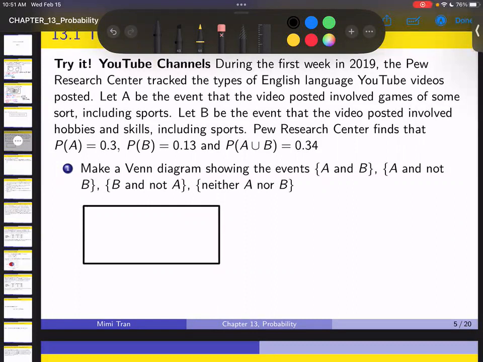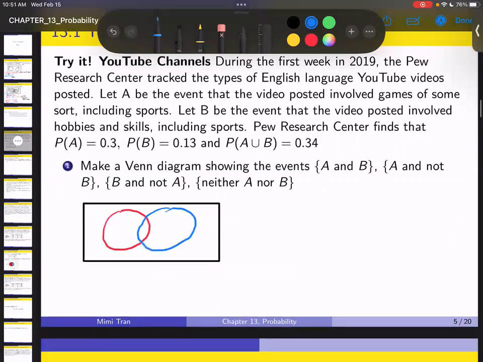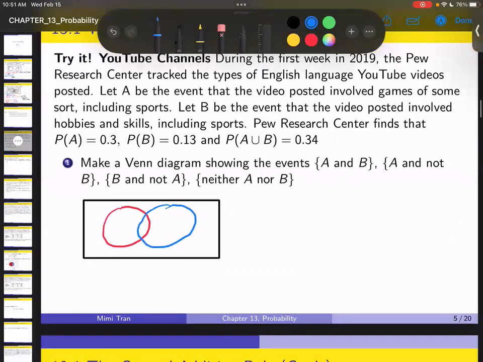I'm going to draw two events here in circles. Say event A and then event B. It doesn't matter the size really. All right, let's highlight the portion of a certain event.